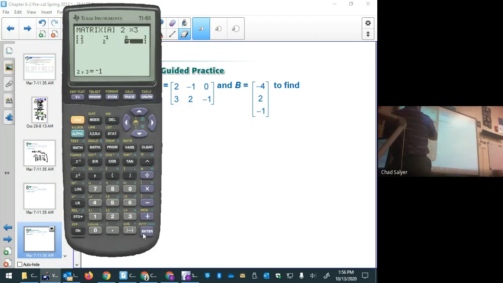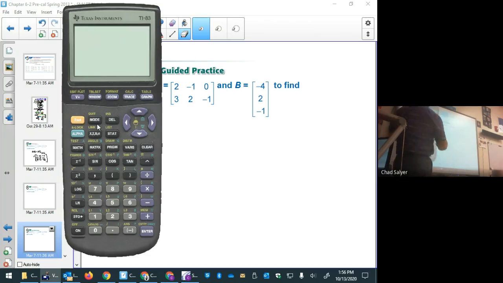And then we'll define B. And we want B to be 3 rows by 1 column. It is 4, 2, -4, thank you, sir. We'll get it right.